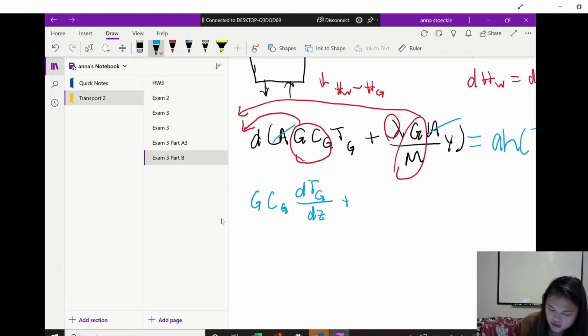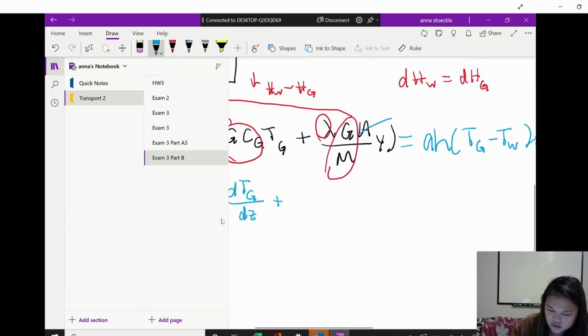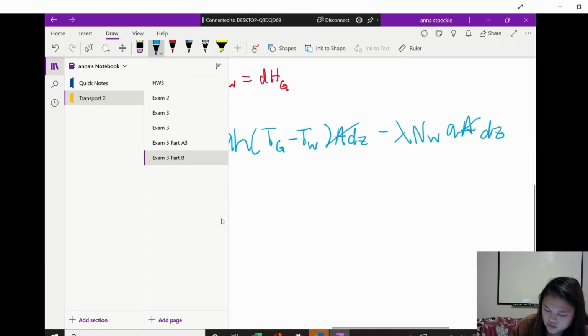Then we're going to add this out in front, dy over dz, because we're going to divide all this by dz.